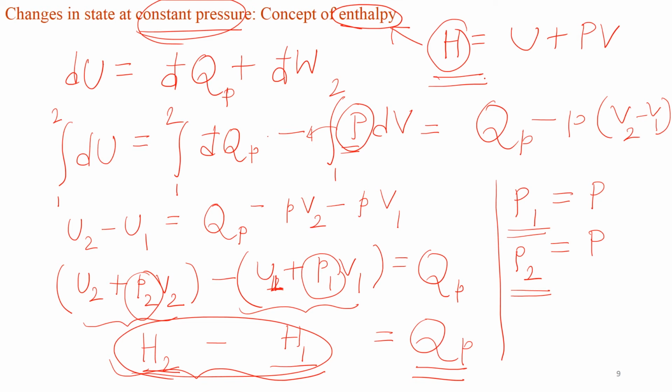So, we got an interesting result: the change in enthalpy of the system is equivalent to the heat change at constant pressure. Now, we will frequently use this concept, but before that let us also discuss something.